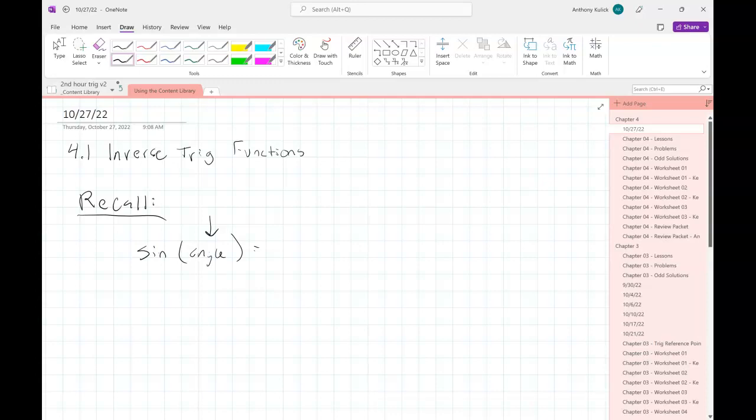Sine of an angle gives us a number. What if I had the number and I wanted to get the angle back? What we do here is we use an inverse function. The name we give for the inverse function for sine is sine inverse. Sine inverse takes a number and turns it into an angle measure. Everybody's okay with that?